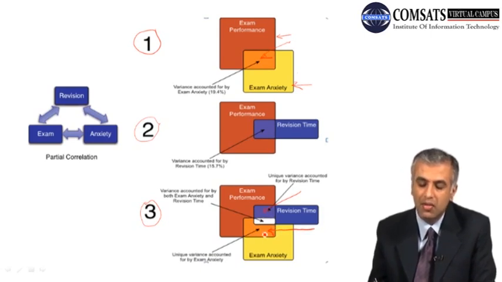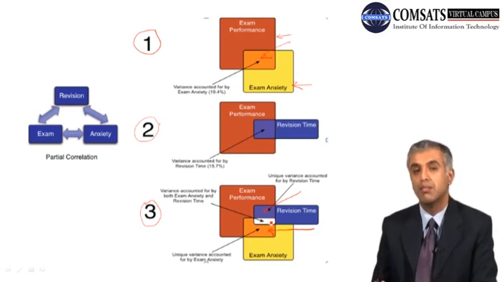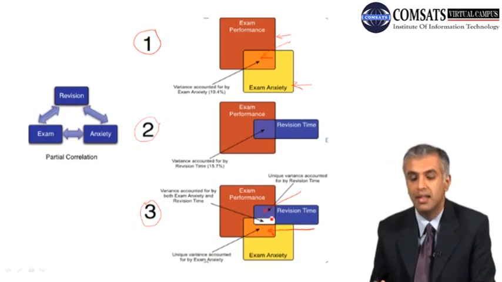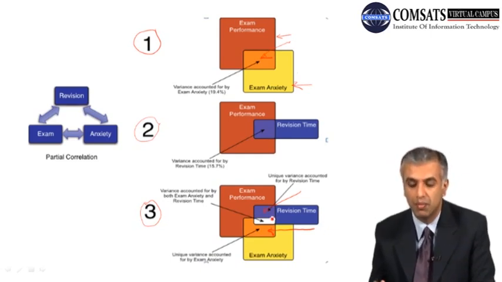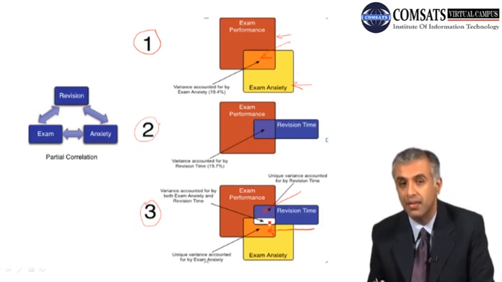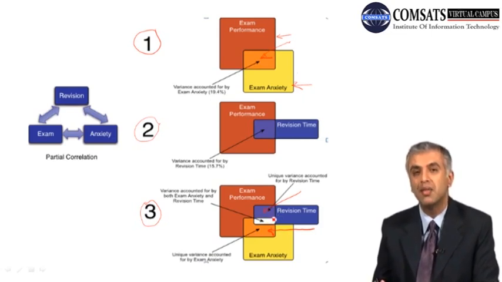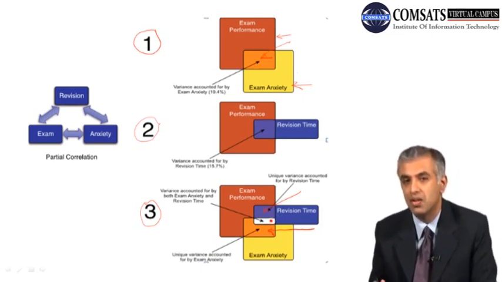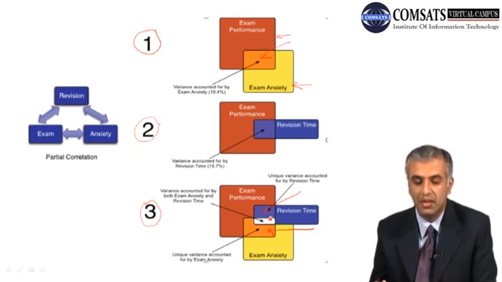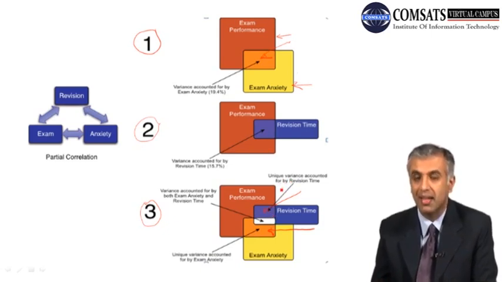All three variables intersect each other, which is a common variance explained by exam anxiety and revision time equally. So in this case we have little idea how much impact this third variable is having on the relationship between these two variables, anxiety and exam.